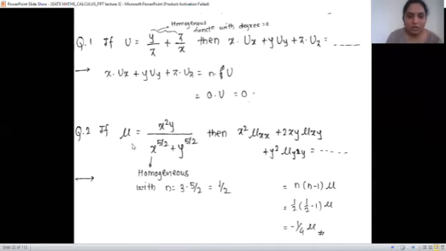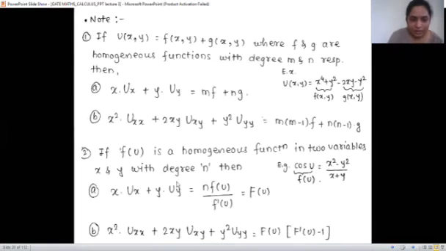Then I'll show you once again. Now f of u is a homogeneous function. In this way we have written our f of u, where the degree is n, then x u_x plus y u_y is n f of u upon f dash of u. And remember, we'll call it later capital F of u.